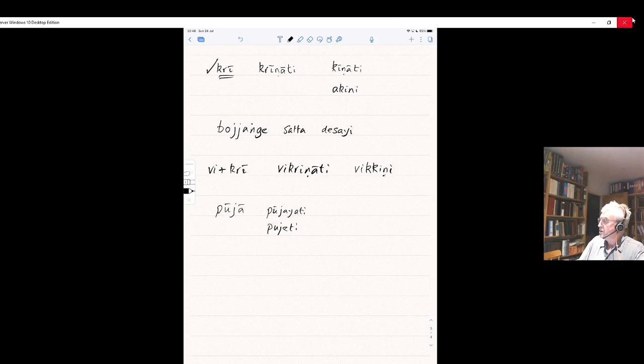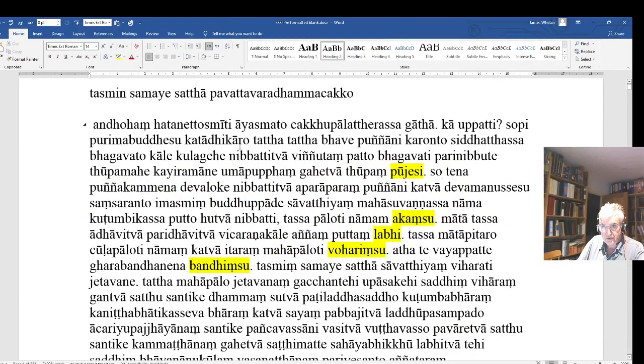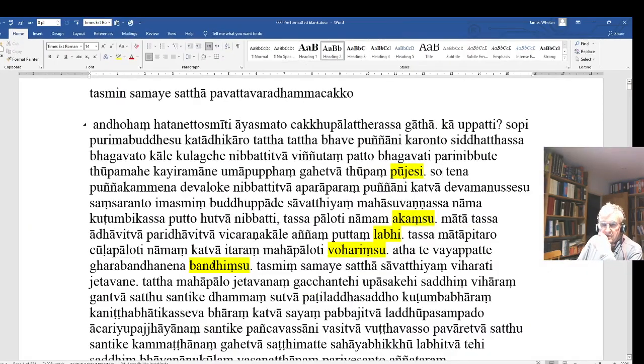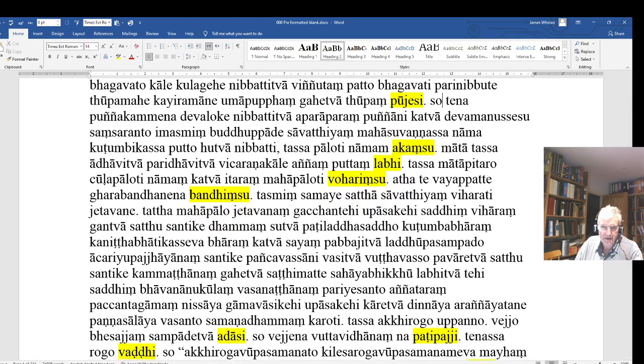What I'm going to show you now is a block of text. It's from one of the Jataka stories. I'm not asking you to understand the entire thing. What I am inviting you to do here is to look at these and just recognize the aorists. I've given it away by highlighting them.